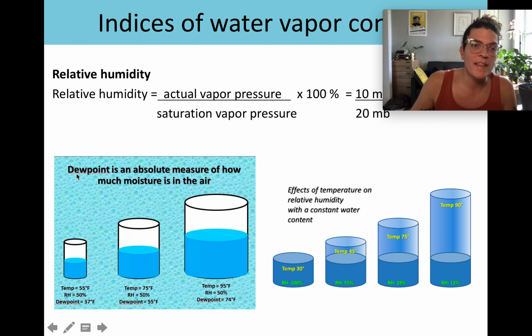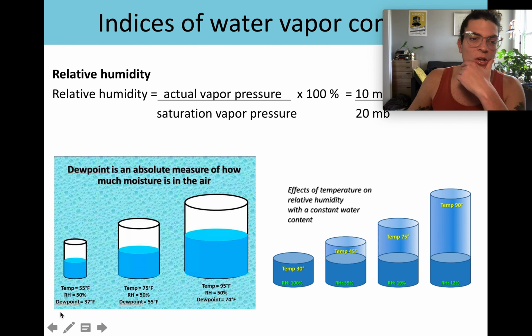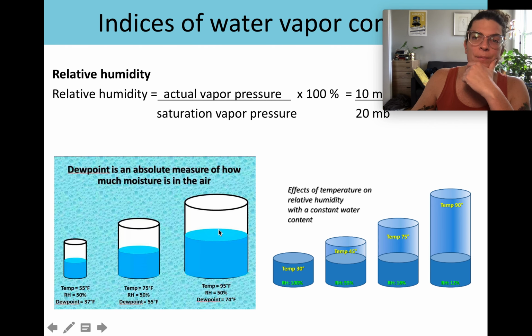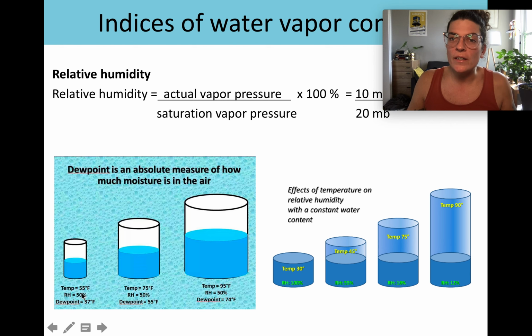Let's take this example here, and then I'm going to explain dew point and why that's a much better thing to use than relative humidity. So let's say all of these parcels of air have a 50% relative humidity, right? That's what RH here stands for, 50% relative humidity. Assuming that the parcel of air is 55 degrees, the amount of water vapor contained in that parcel of air is going to be significantly less than a parcel that's at 75 degrees with a relative humidity of 50%.